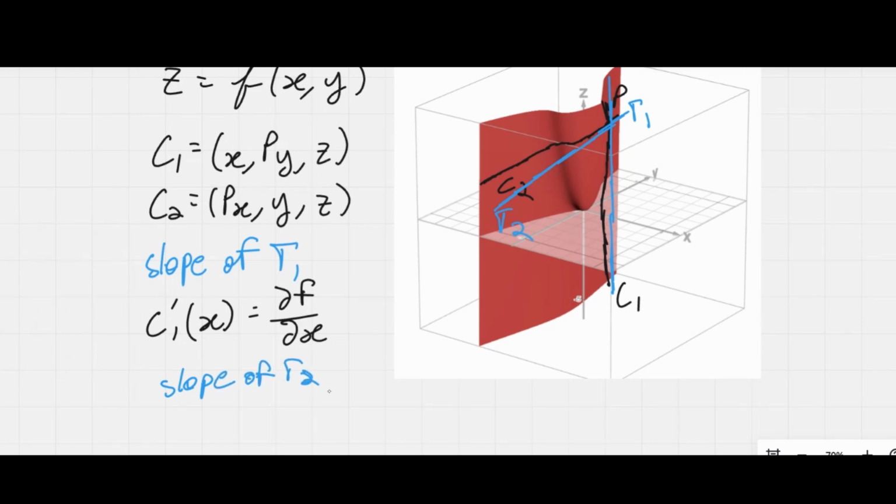And similarly, we can say the same for the slope of tangent number 2. The slope of tangent number 2 is just going to be the derivative of curve number 2 at a given y value, and that essentially is the partial derivative of f with respect to y. So we basically took this idea of tangents of curves at specific constant values and translated that over to partial derivatives.